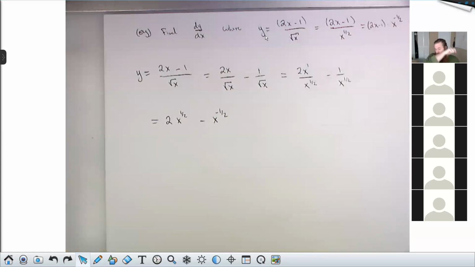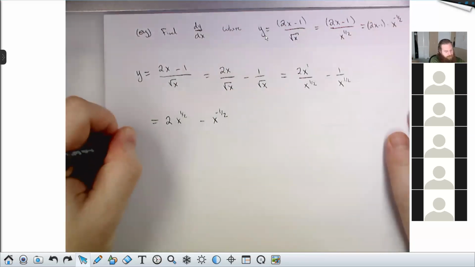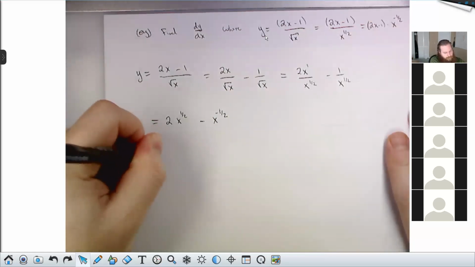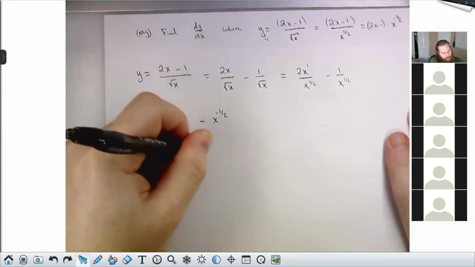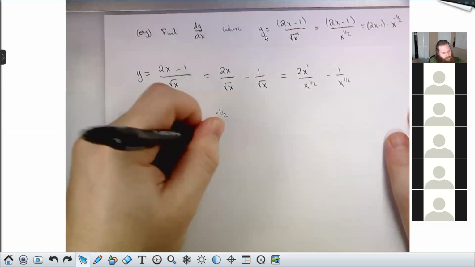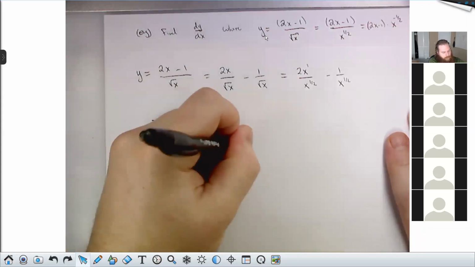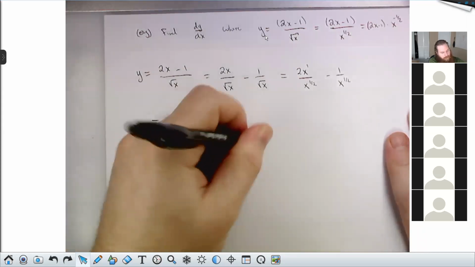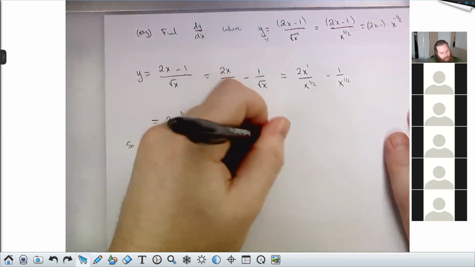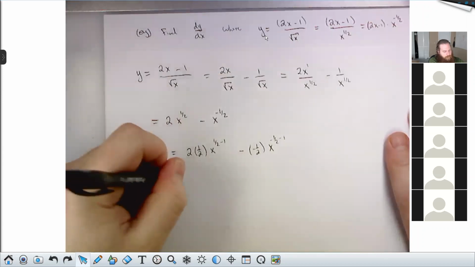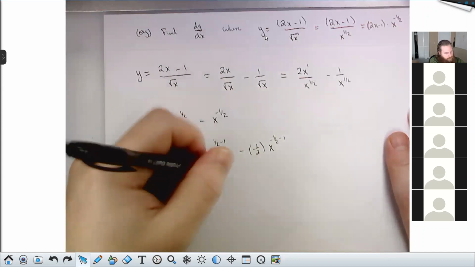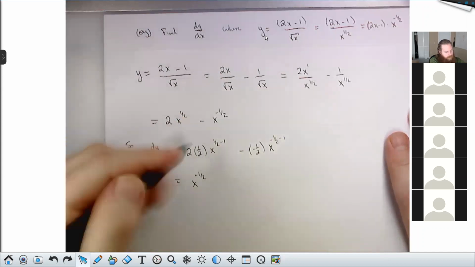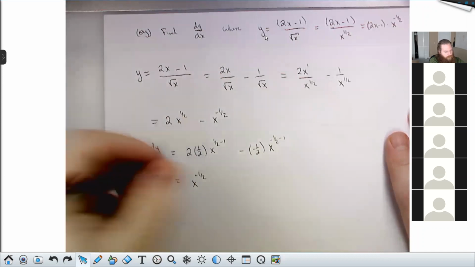So dy dx, the derivative is 2 times 1/2 x to the 1/2 minus 1 minus negative 1/2 x to the negative 1/2 minus 1, which is x to the negative 1/2. 2 and 1/2 there cancel. 1/2 minus 1 is negative 1/2.